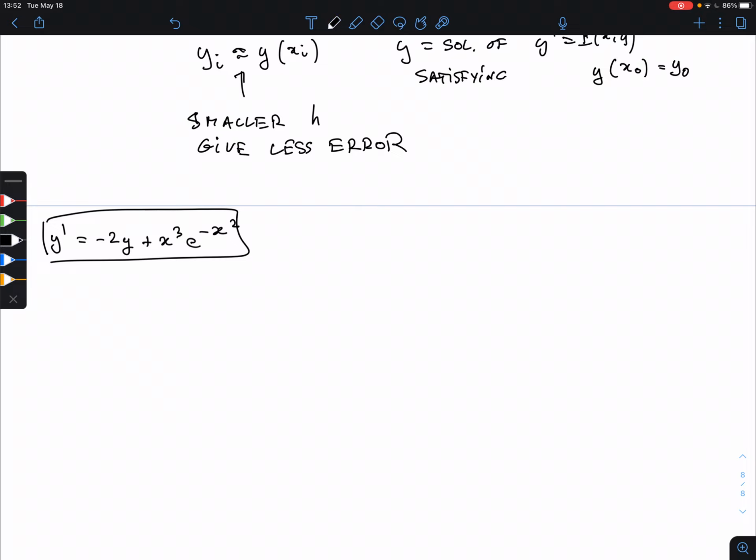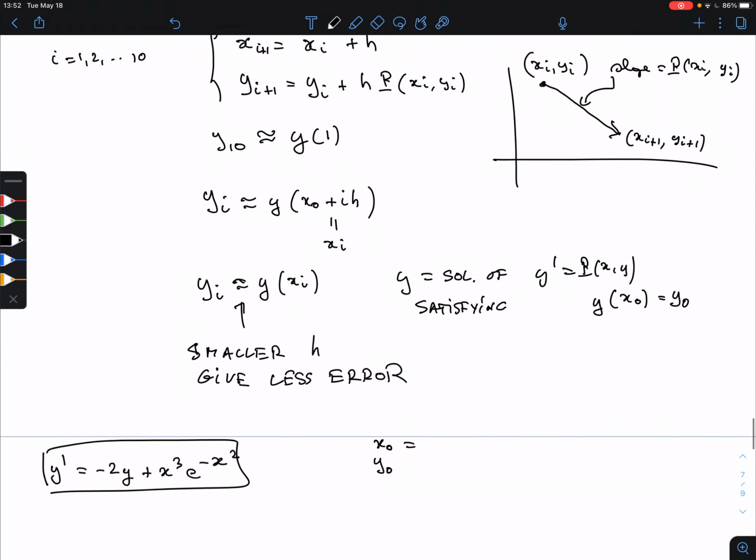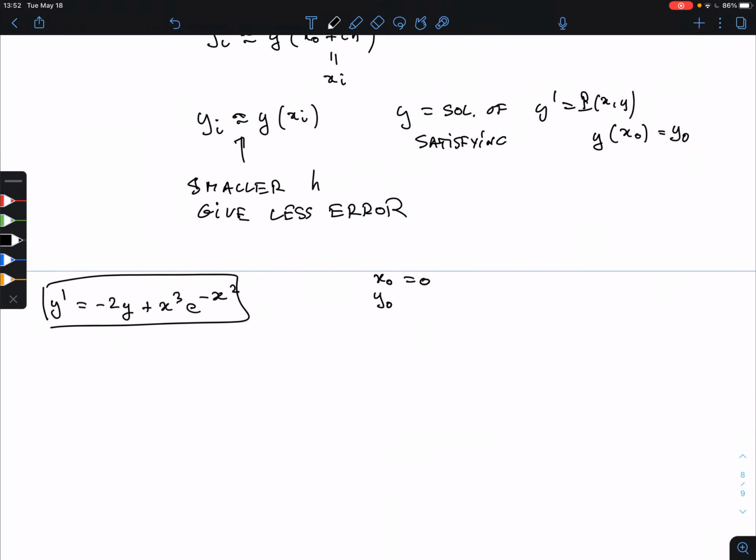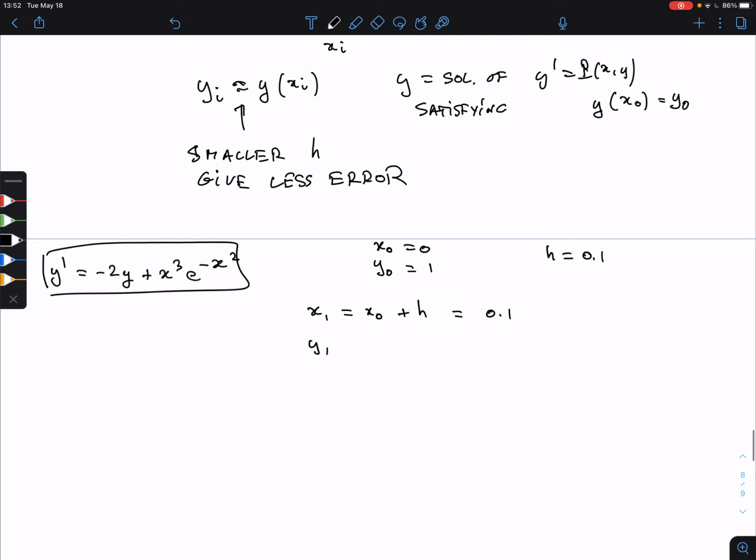We know that x0 we said was 0, and y0, we were making a table, is 1. So x1 is x0 plus h, which in this case is 0.1. Remember, h is 0.1 and x0 is just 0. For y1, here is of course the calculation. I write down the formula.